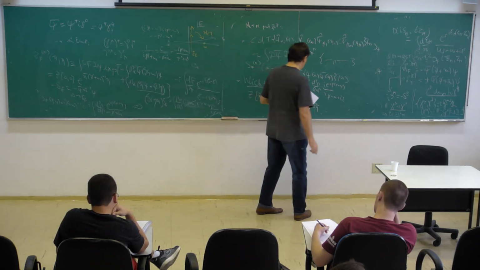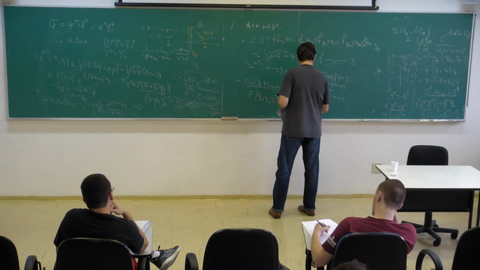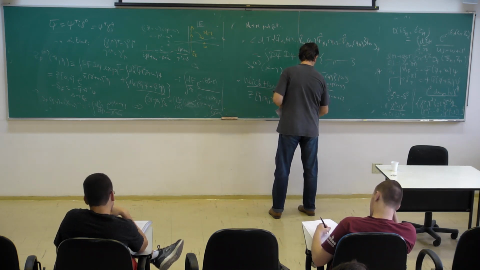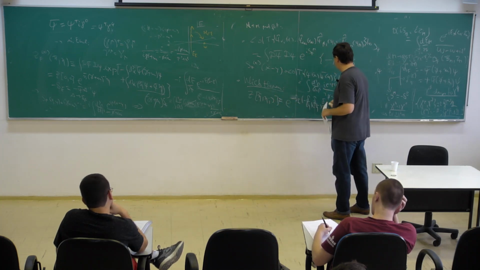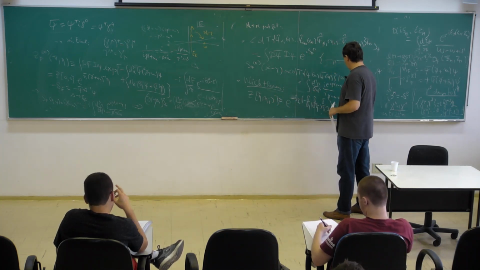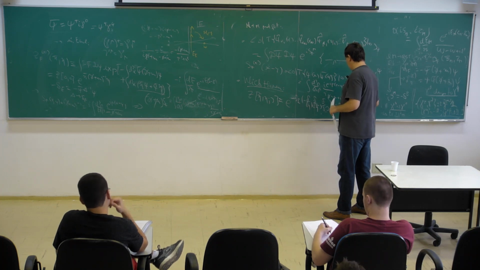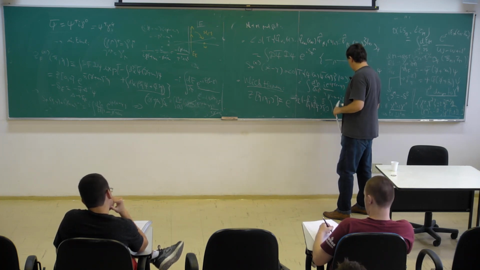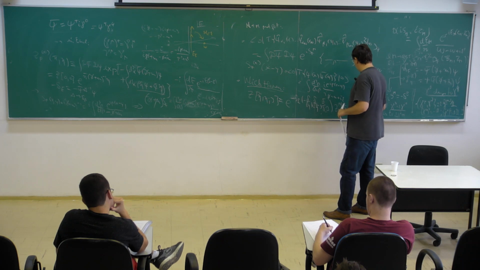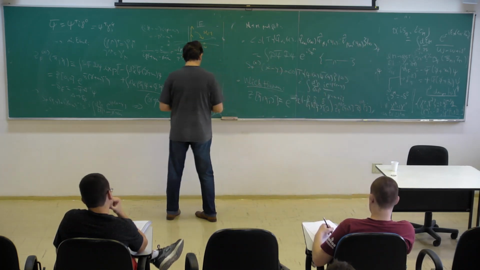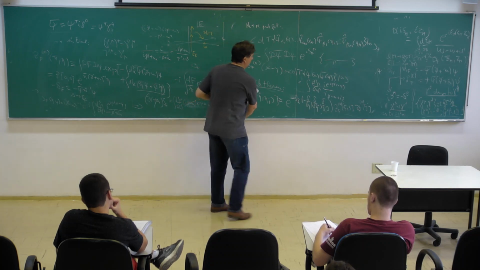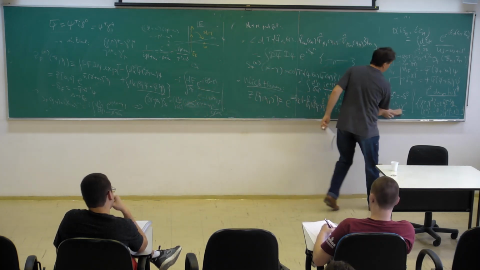So I have to write minus delta over delta eta and delta over delta eta bar and delta over delta J, acting on the free eta bar eta piece and the bosonic free part. Okay?